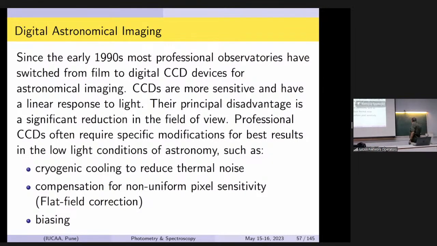It's an array of pixels. So this is a typical CCD, and this is the largest now available, and of course not drawn to scale, and each of these is called a pixel.